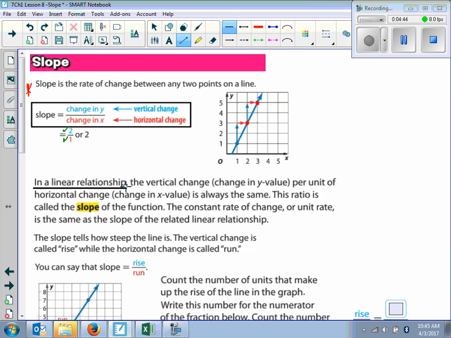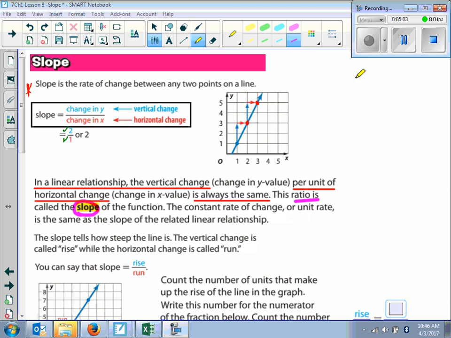In a linear relationship, the vertical change per unit of horizontal change is always the same, and that ratio is called the slope of the function. Okay? I also want you to remember that the vertical change is the change in the y value, and the horizontal change is the change in the x value.